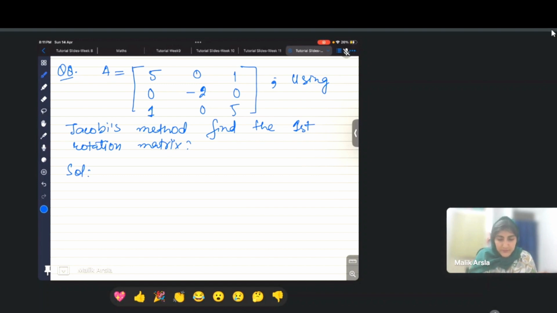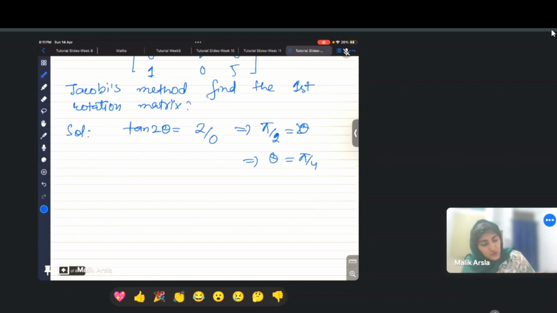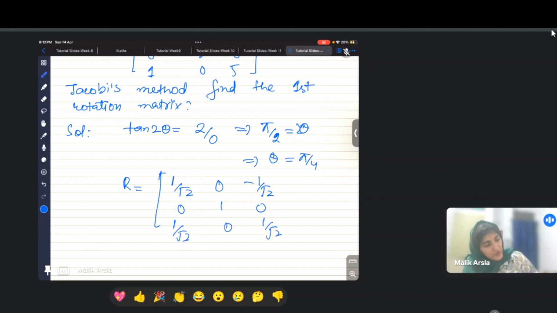That implies 2 theta is equal to pi by 2, theta is equal to pi by 4. So our first rotation matrix will be cos theta, 0, minus sine theta; then 0 1 0; then sine theta, 0 and cos theta. This will be our first rotation matrix.